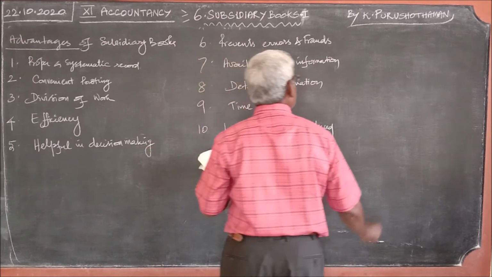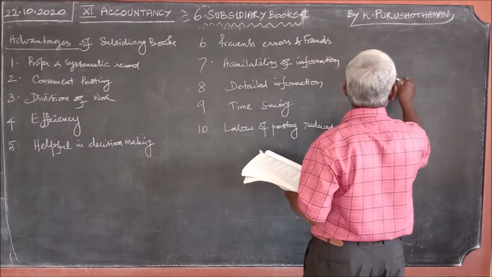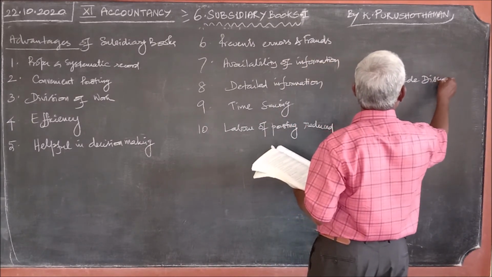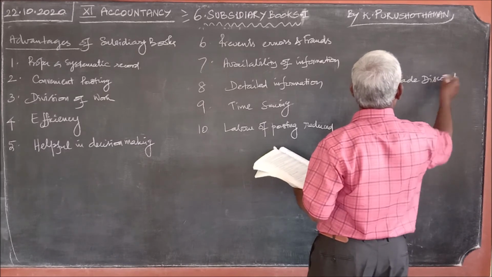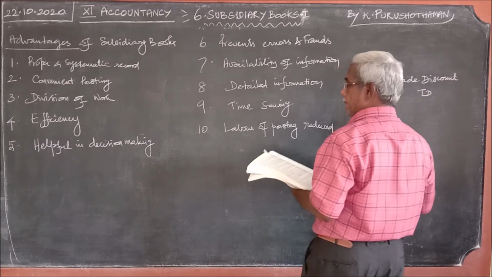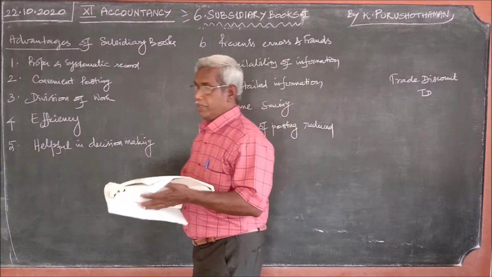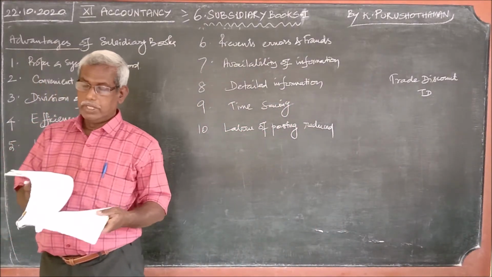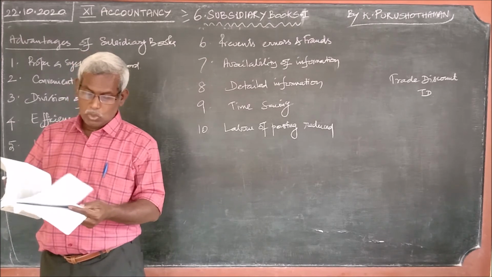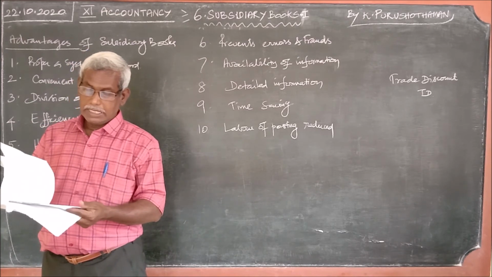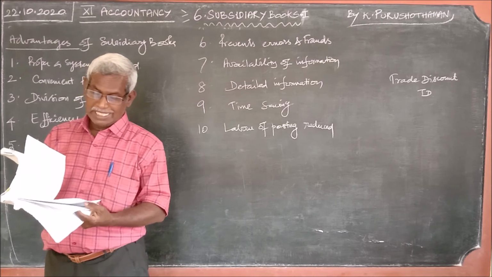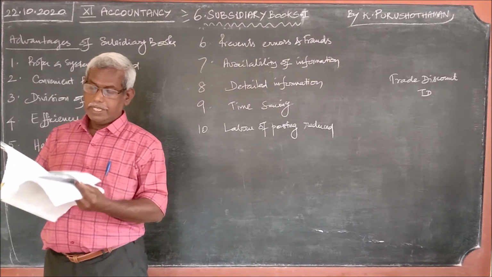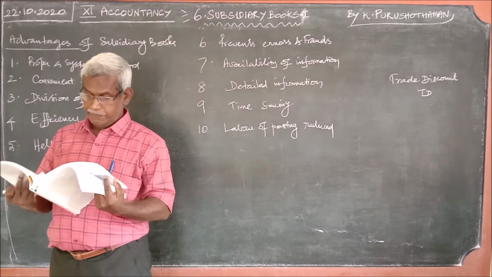And then trade discount, shortly we say TD, and these are the things we should see now in this lesson. With this, lesson number 6 is over. The other things given in the back, if necessary, at the time of revision, we shall see.